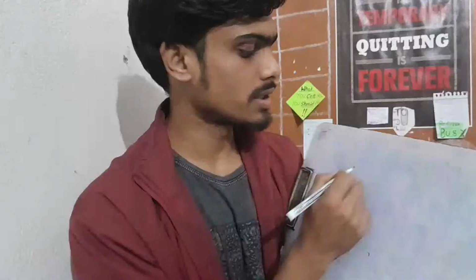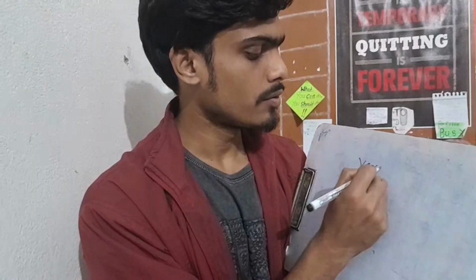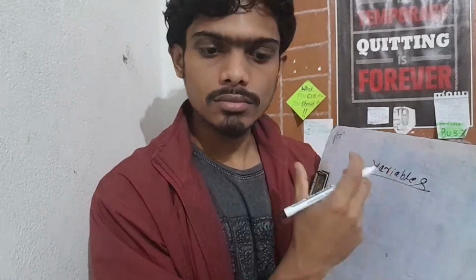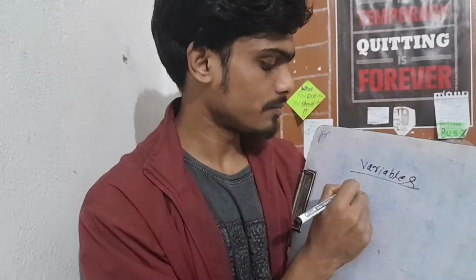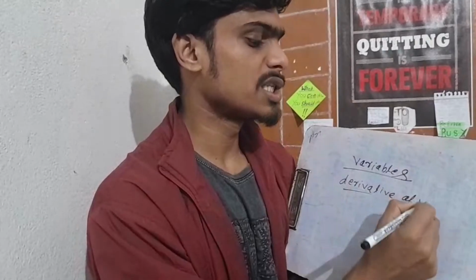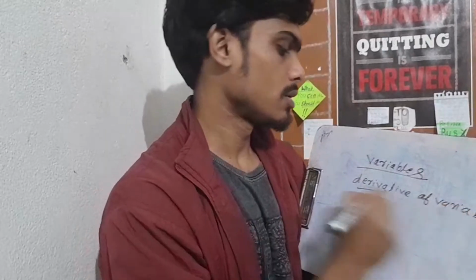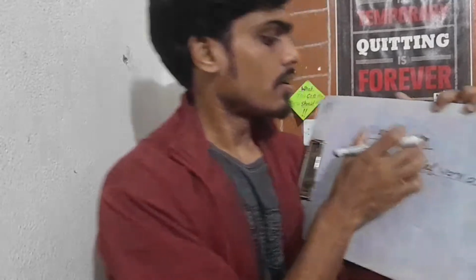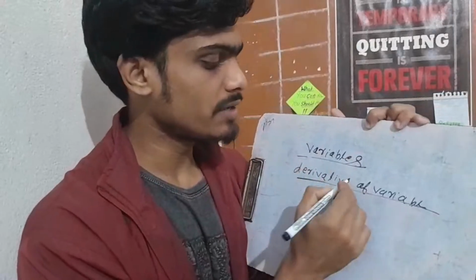So firstly we have to know what the differential equation is. A differential equation is a form of equation which includes variables or derivatives of variables. This is called a differential equation. What does it contain? Variables and derivatives of variables.